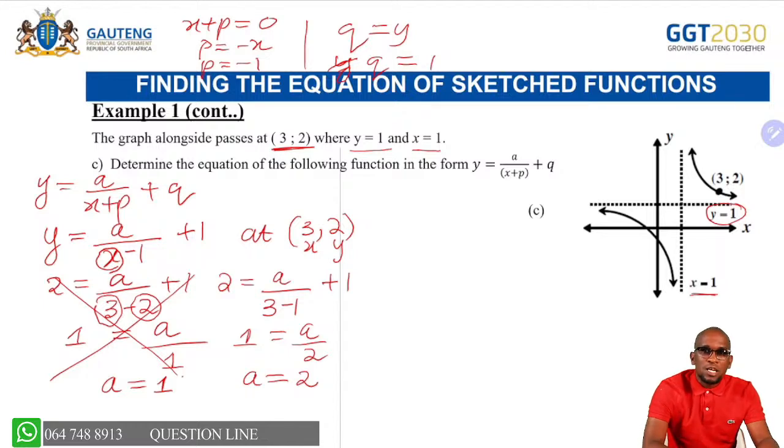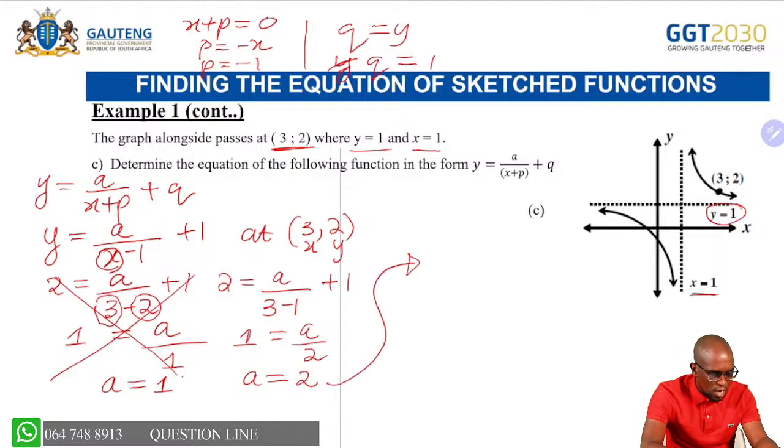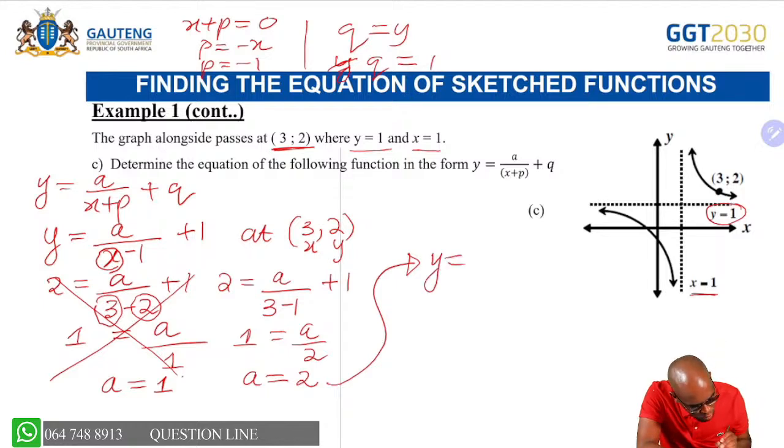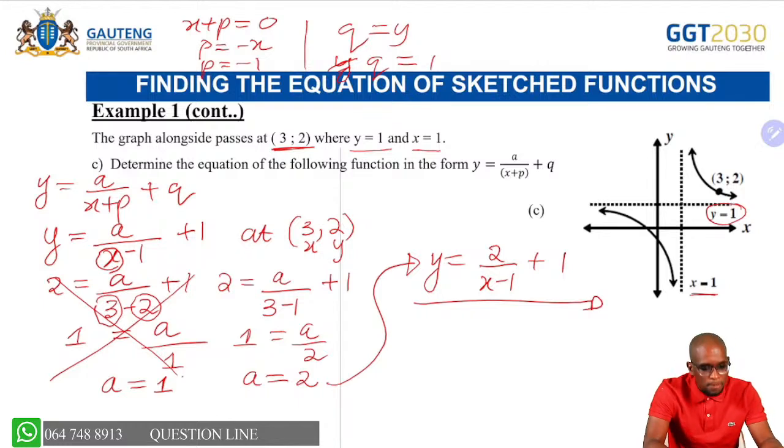So please note that mistake that I made there. Now let us complete our workings. Now that I know the value of a, I substitute everything back: y is equal to 2 over (x − 1), the vertical asymptote, plus 1, the horizontal asymptote. So now I've worked out the equation of that particular function.